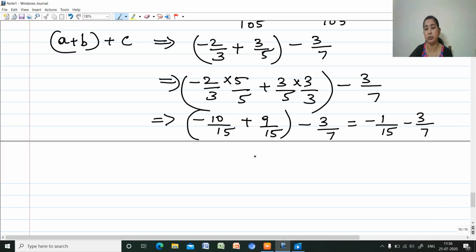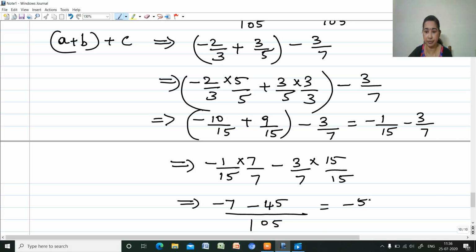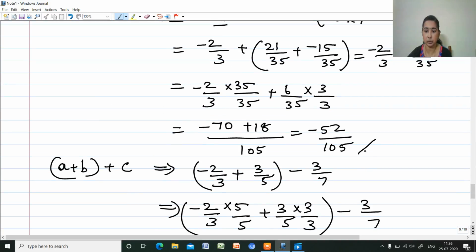Simplifying this, denominators again we have to make equal. So here we multiply by 7, and here we multiply by 15. So minus 1 by 15 into 7 by 7 minus 3 by 7 into 15 by 15. That is minus 7 minus 45 divided by 105. That's equal to minus 52 by 105, which is the same answer which we got here also.